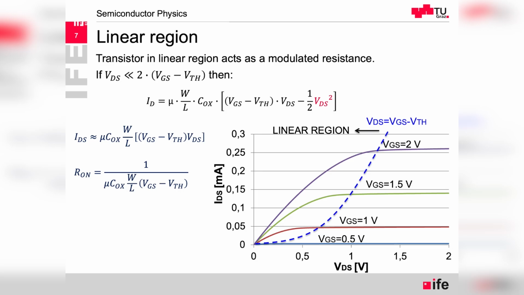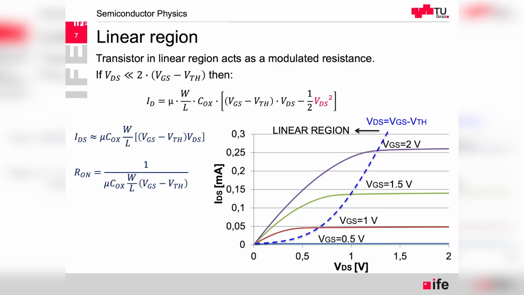If we go to a VDS that is really, really low, so low that VDS is much, much lower than 2 times VGS minus VTH, then the red term, VDS squared, we can neglect, because VDS squared will be much, much lower than VGS minus VTH times VDS. So our equation simplifies to VGS minus VTH times VDS, with the coefficient at the start.